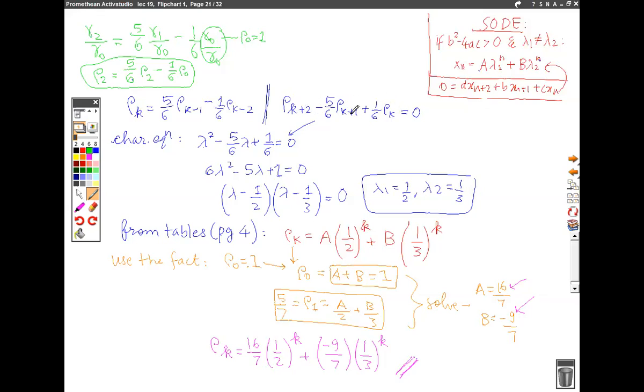So I have k plus 2 here, k plus 1 here and k here, so that I get an equation similar to the one that I have the general solution for. Okay. Yeah, and remember here we are looking at the roots.